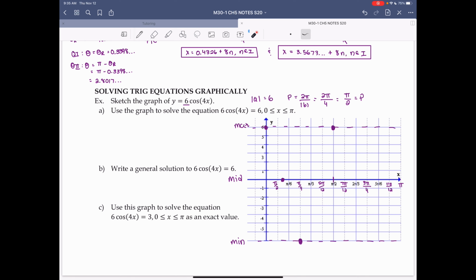Halfway between the minimum, which is at pi over 4, and the maximum, which is at pi over 2, we would have an x-intercept in this case. So halfway between, go down to the midline, put a point on the midline, which is right there between pi over 3 and 5 pi over 12. And then we can join those points to get one full cycle.